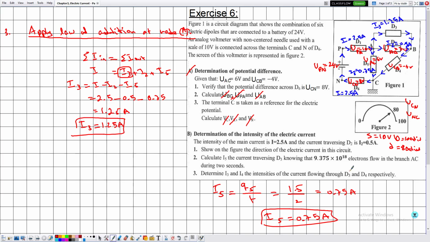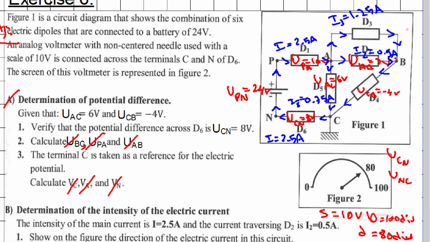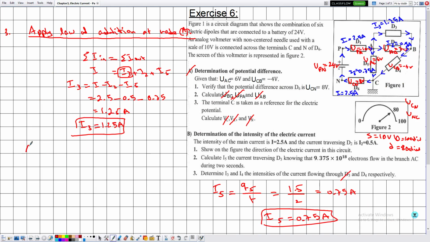And now let's determine the current I4 traversing this branch. Notice that we can apply the law of addition of currents either at point B or at point C. Let's take for example the point C. So apply the law of addition of currents at node C. We have that summation of I in is equal to summation of I out.